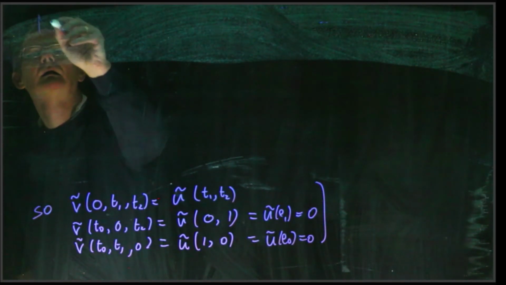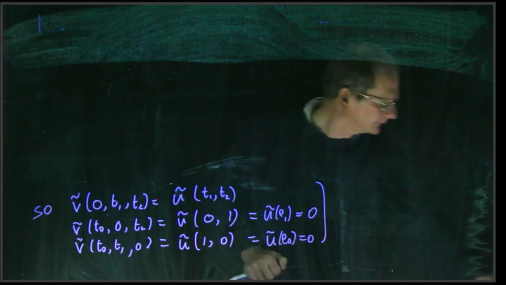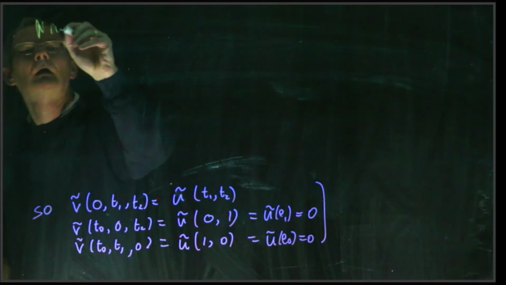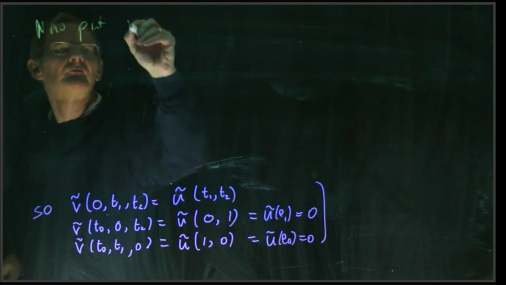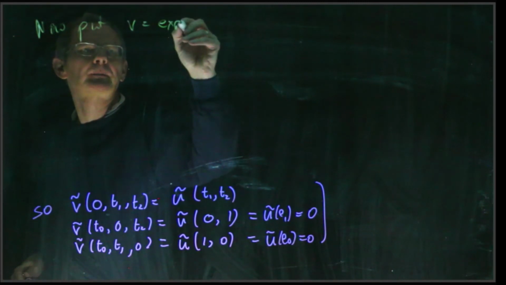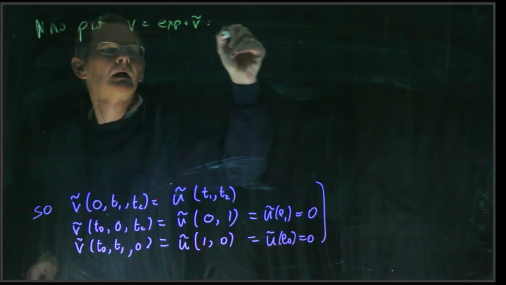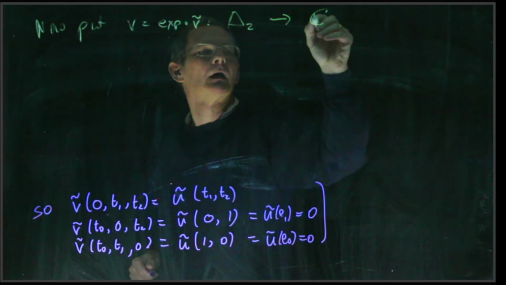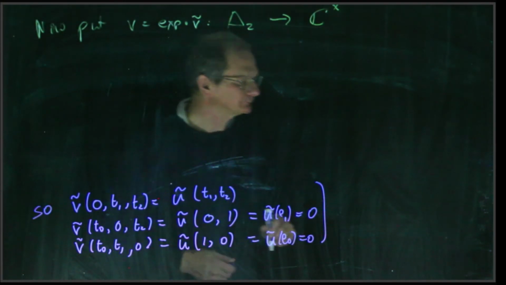Now let's put v to be the exponential map composed with v tilde. That's now a map from delta 2 to C cross again.